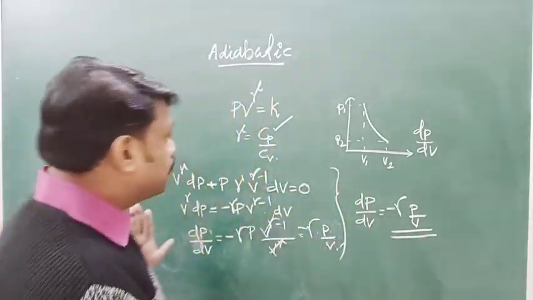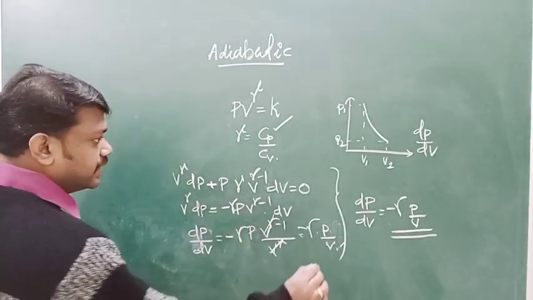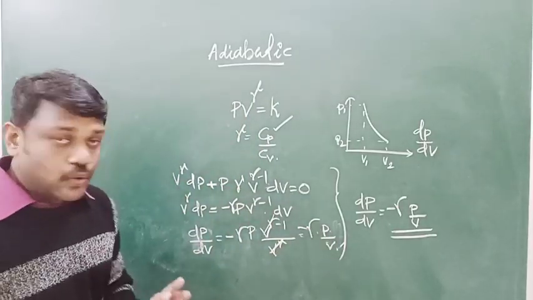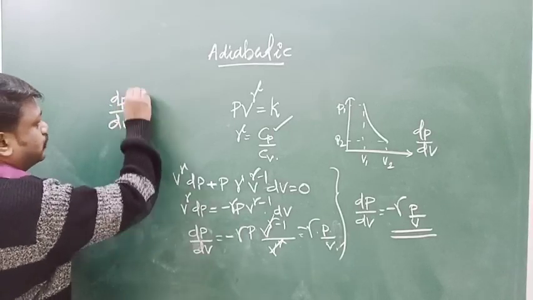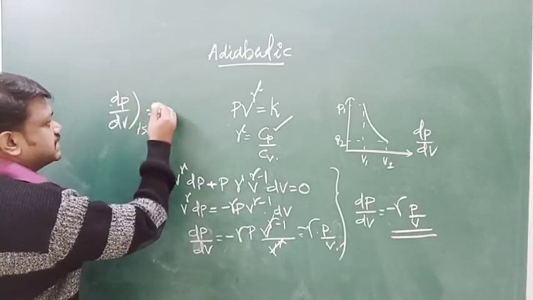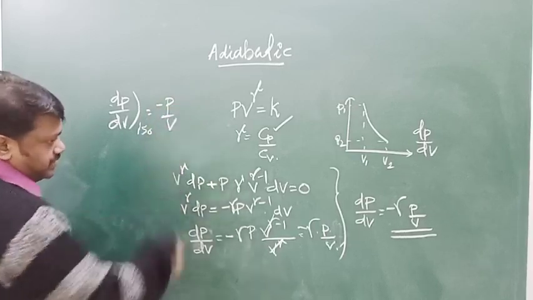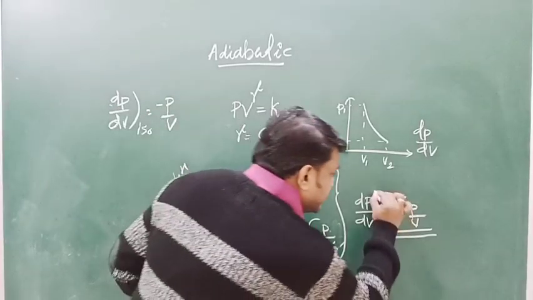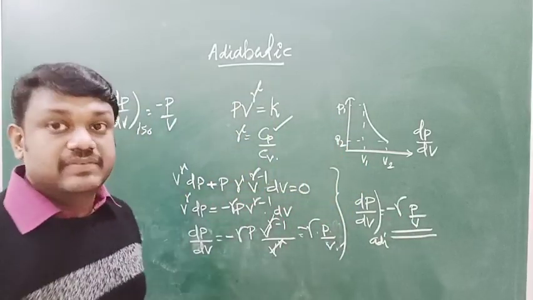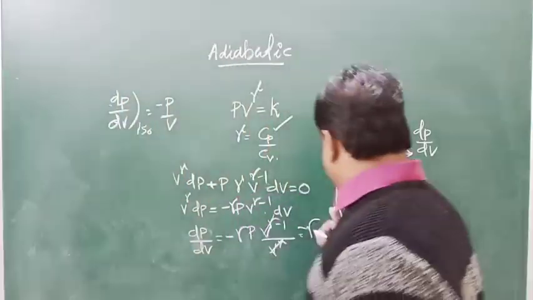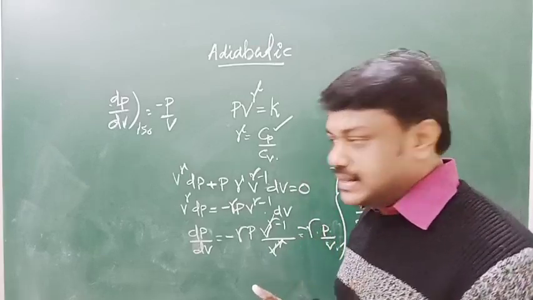Clear? For an isothermal curve, we have already got the slope: dP by dV for isothermal is equal to minus P by V, and dP by dV for adiabatic is minus gamma P by V, which is greater. Gamma is Cp by Cv, always greater than 1.